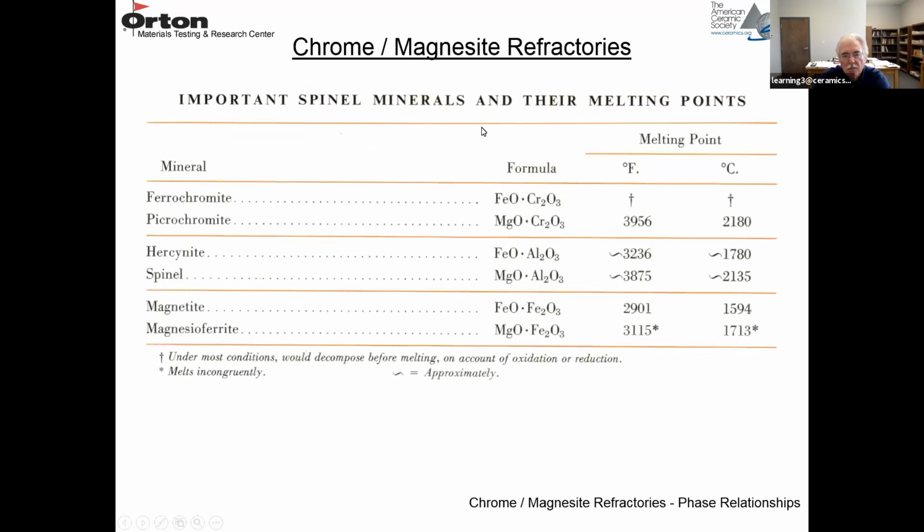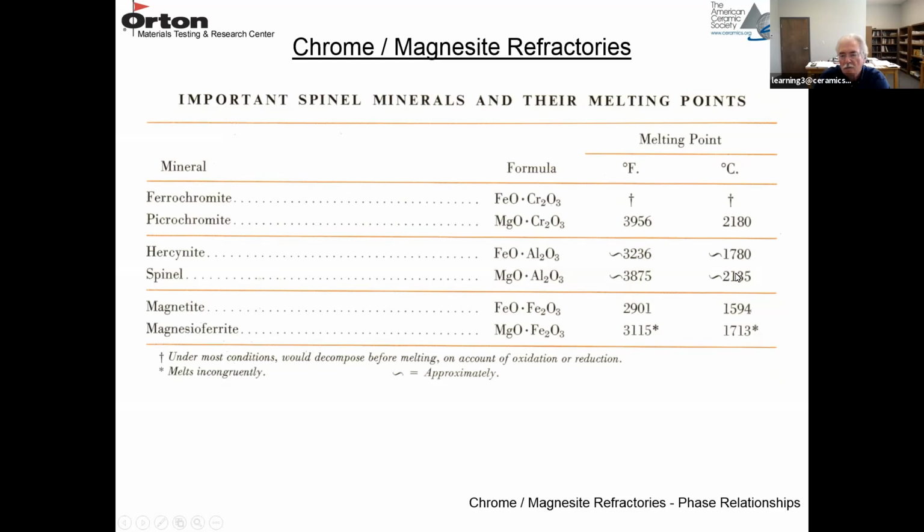So these are the different spinel minerals and their melting points. FeCr2O3 usually decomposes before melting because it oxidizes. MgO-Cr2O3, 2180 degrees C, it's a high temperature material. FeO-Al2O3, still high temperature, 1780.